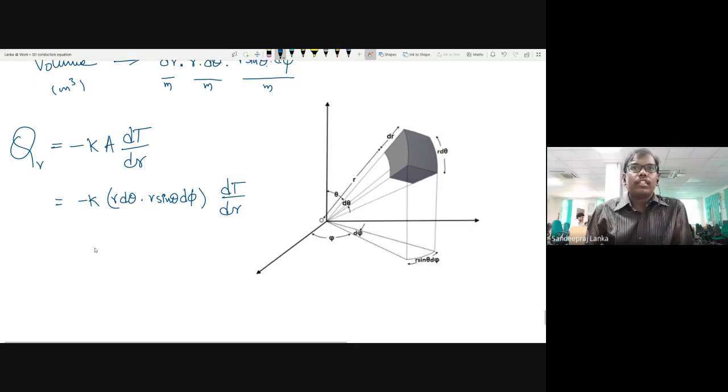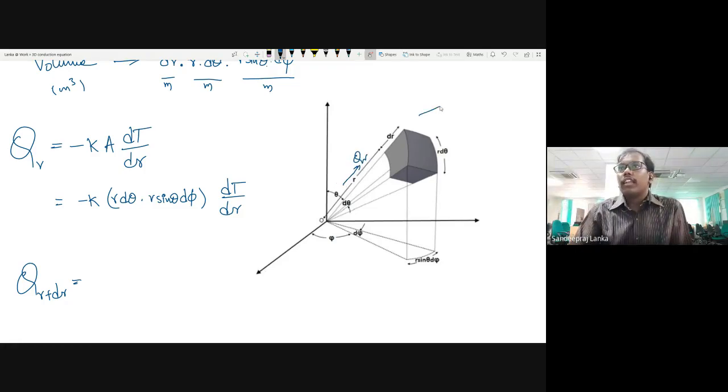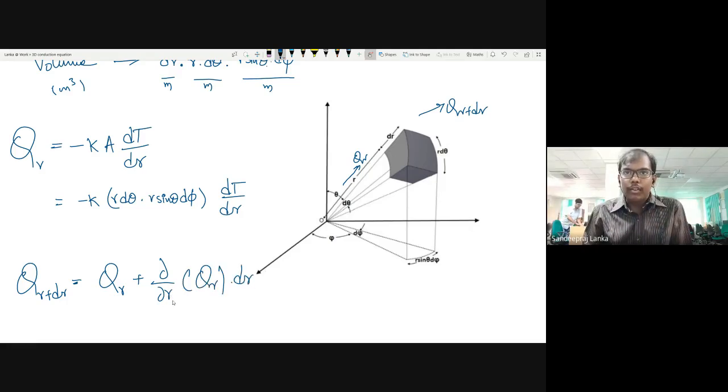Next, in deriving my generalized heat conduction equation, Q at r plus dr is required. Qr is going in this direction, along r, and Q at r plus dr is coming out. So Q at r plus dr will be equal to Qr plus dou by dou r of Qr into dr. How did I get this?